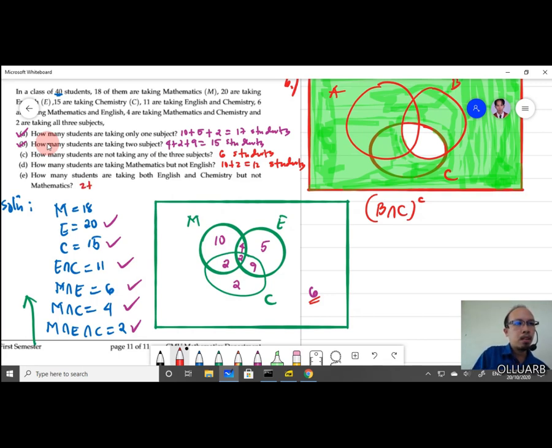Letter E is the union of the English subject and the chemistry subject minus mathematics. So these numbers, 5, 9, and 2, give 16 students.